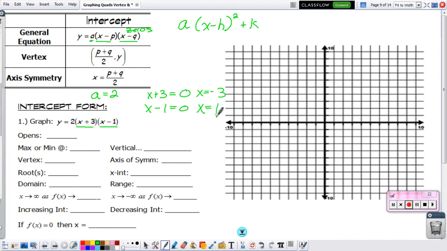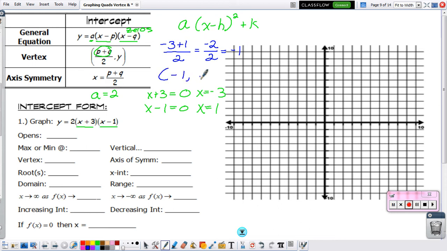How do we get the vertex of something that is in intercept form? We take our zeros and we average them together. So for this graph, to get the vertex, I would take negative 3 plus 1, and I would divide it by 2. That gives me negative 2 over 2, which is negative 1. That gives me part of my vertex.